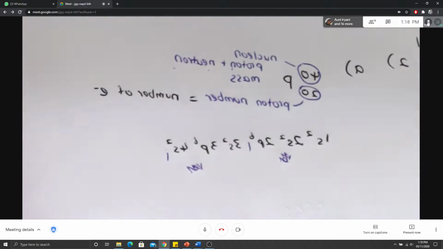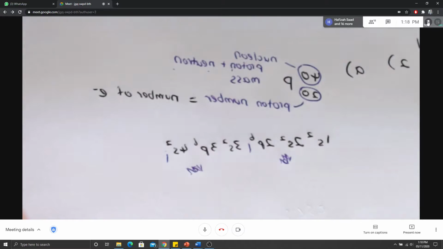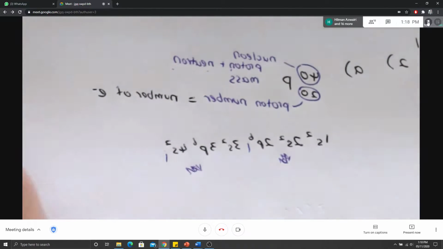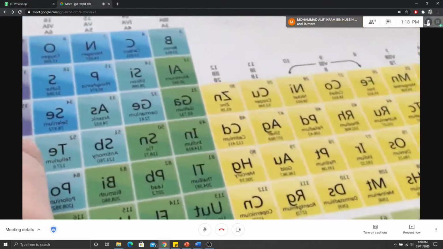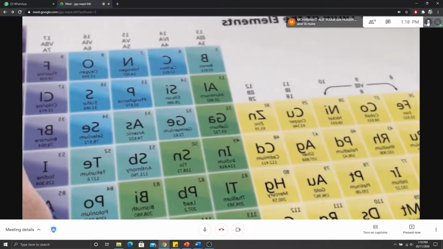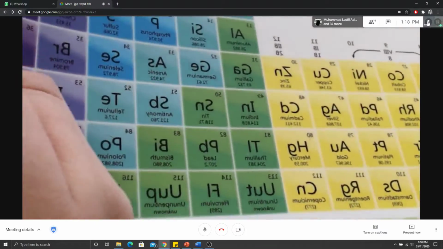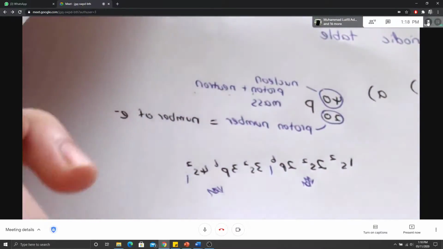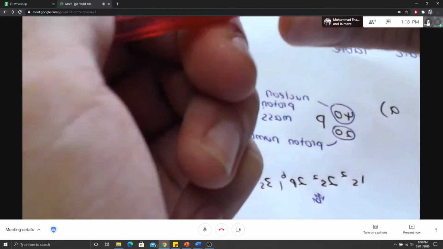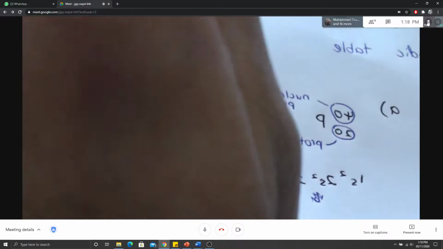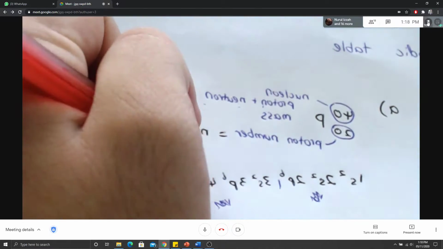Okay. One other thing they ask is to state the group, period and block. Based on your periodic table, all of these are arranged based on valence electron only. So, which one is the valence electron? The last electron that we filled: 4s2.